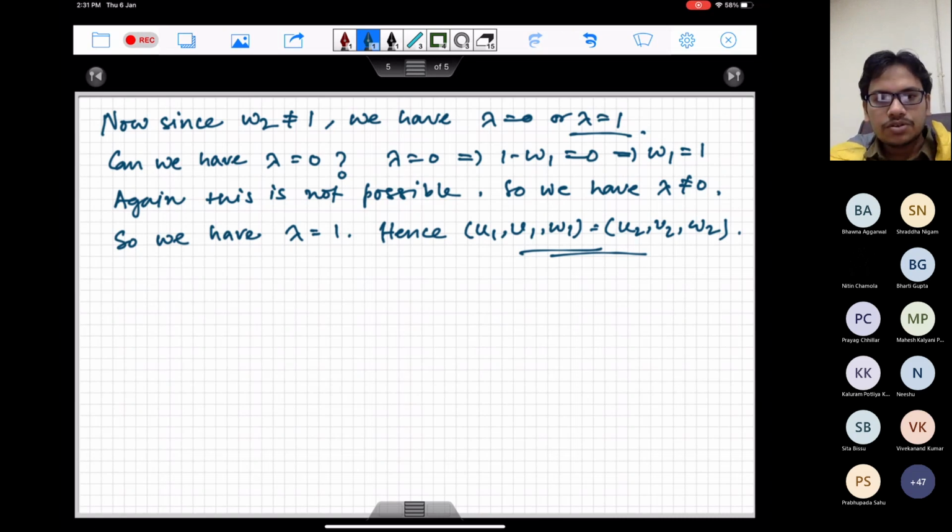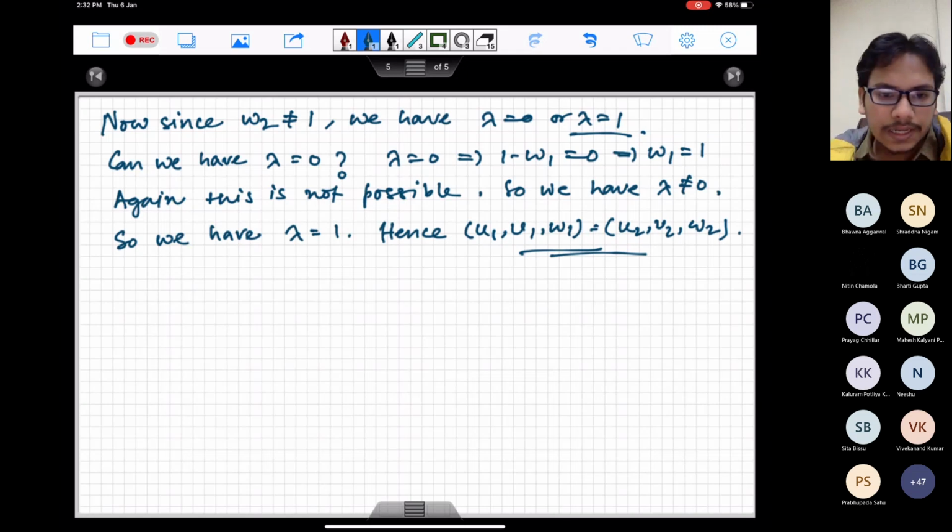Is this clear what I'm going to do now? Fine, we are going to understand the behavior of the points near 0, 0, 1, and thereby we will try to justify this nomenclature, that this 0, 0, 1 should be taken as the point at infinity. Okay, fine.